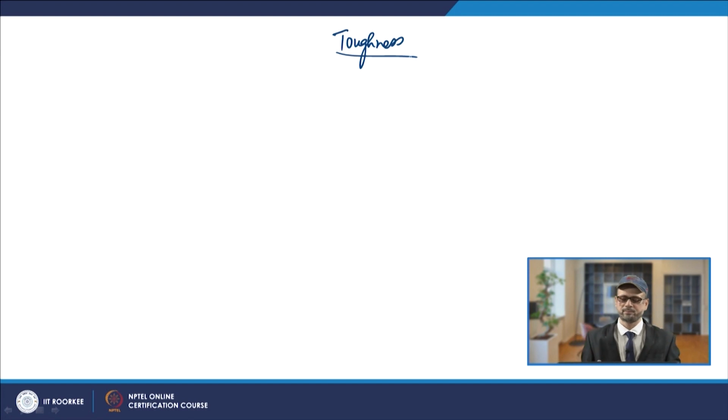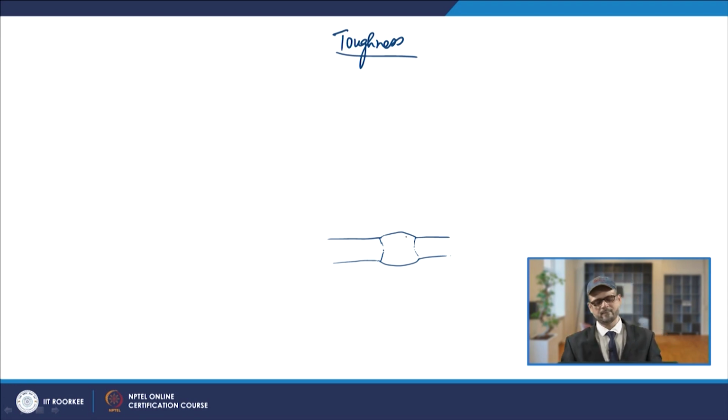Suppose you have a welded specimen, something like a normal weld. In that case you have different zones. This is your weld metal zone, on this side you have the heat affected zone, and then on this side you have the base metal zone.